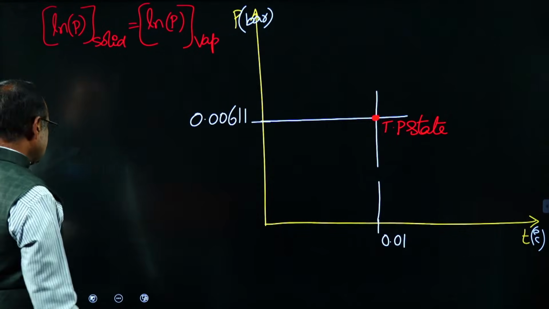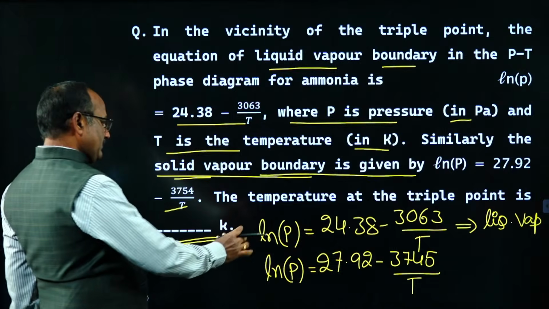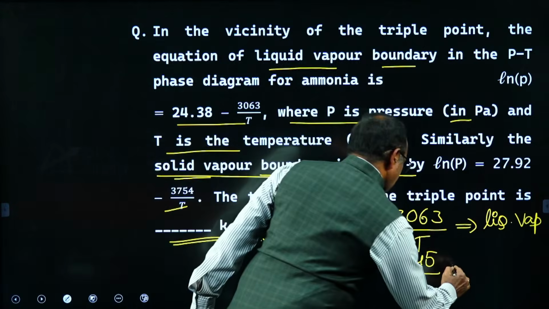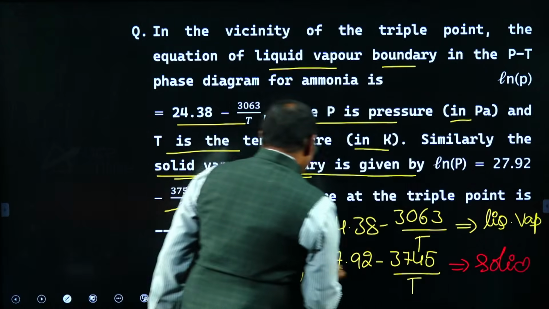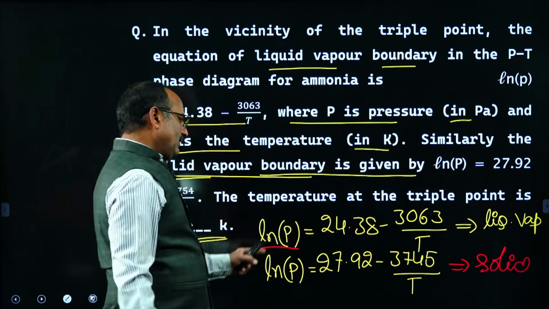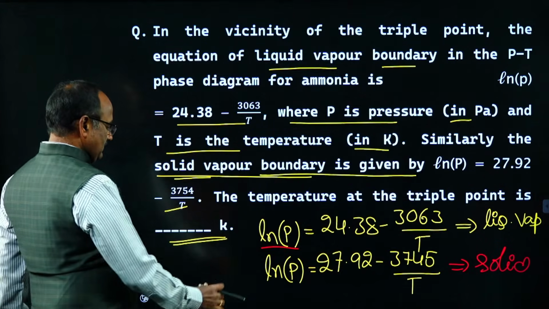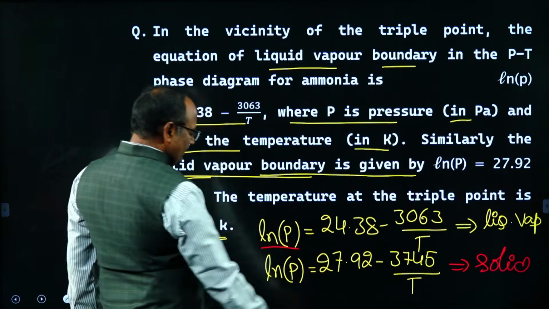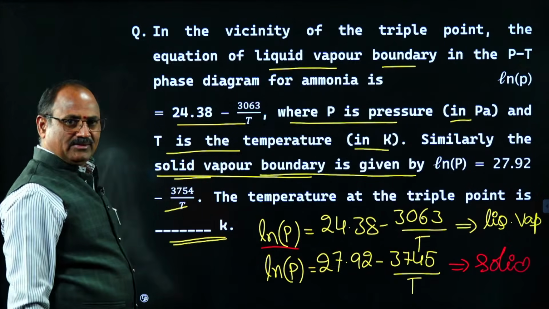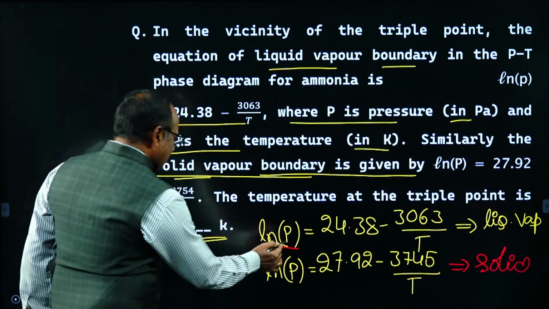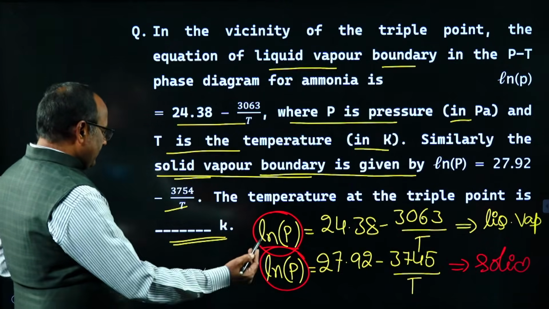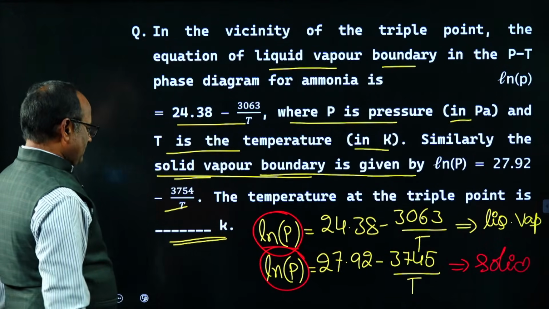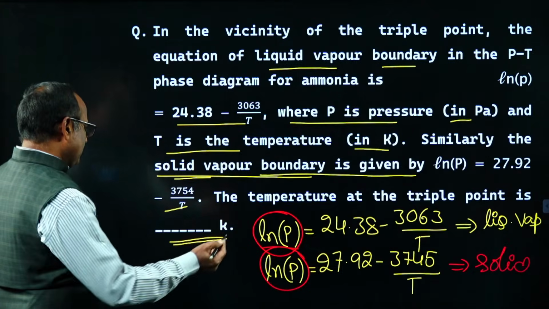Since the ln P is given for liquid vapor and this is for solid vapor, whatever ln P is given for the liquid vapor phase must be equal to ln P for the solid vapor phase. Indirectly these two quantities are equal. Once the left hand side values are equal, you can equate the right hand side values.